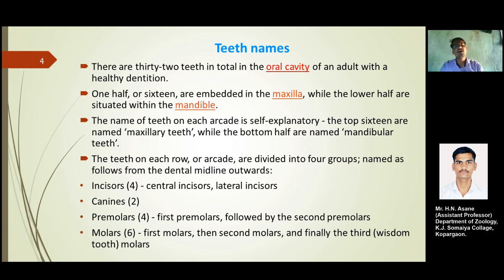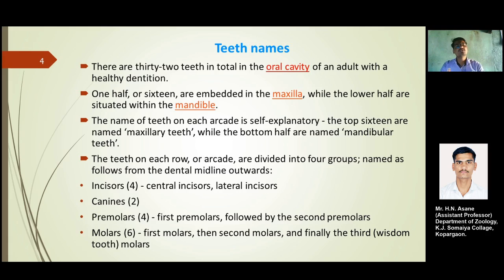One half, 16, are embedded in the maxilla, the upper part of your mouth, the non-moving part. The lower half are situated within the mandible, your jawline, which is going to move.